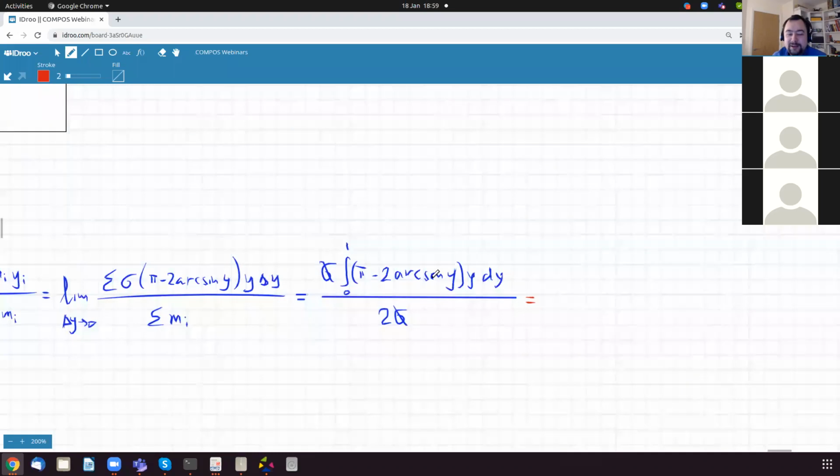All I do is plug in the integral from 0 to 1, open bracket pi minus 2 arc sine x, close bracket, multiplied by x.